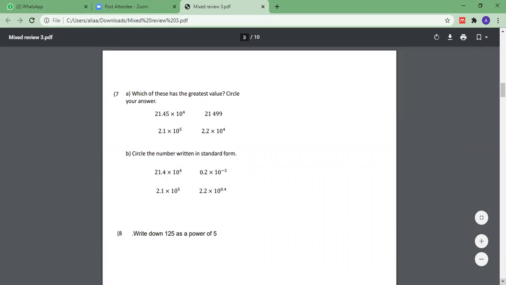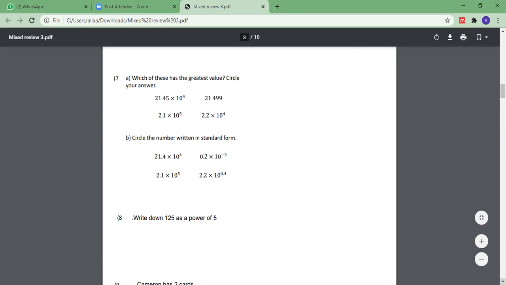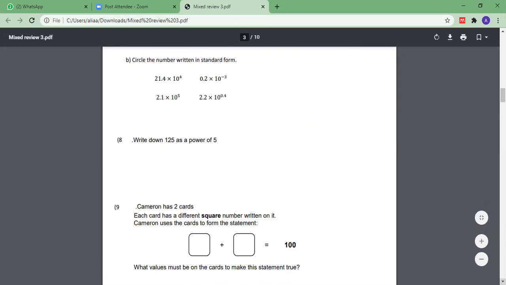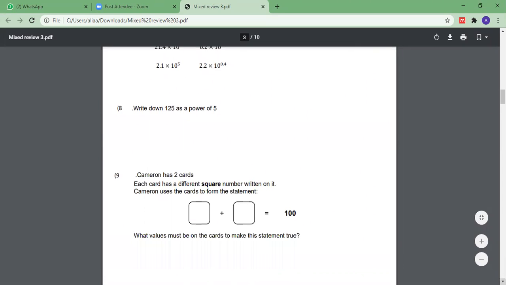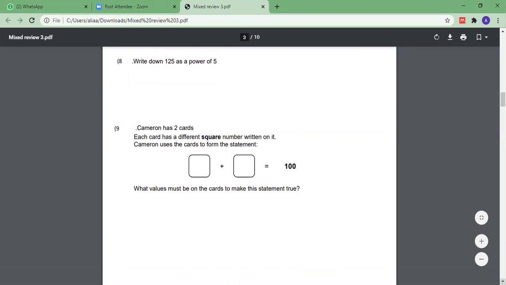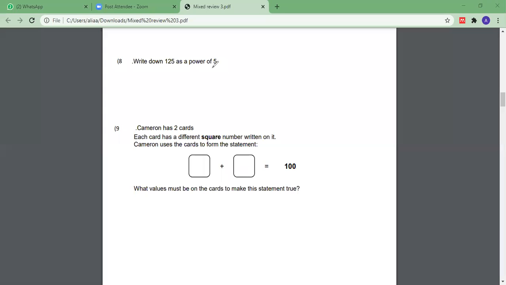Okay, question 7, we can leave it because it's a standard form. So we didn't take the standard form yet. Let's see question 8. In question 8, he's asking me to write 125 as a power of 5. Okay, let's see.